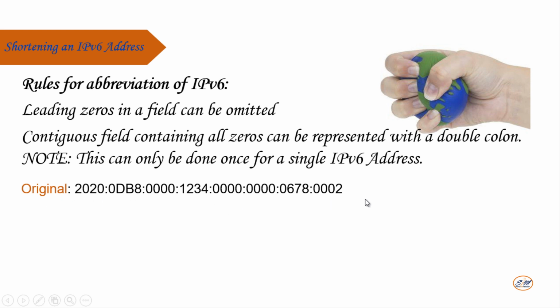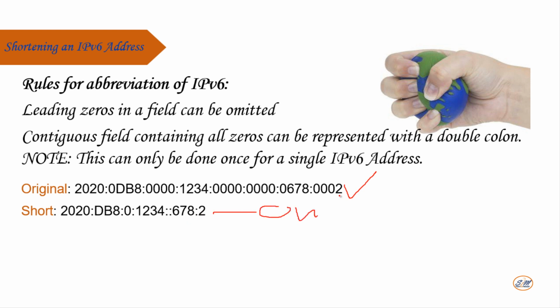Here is the original IP address, and we have to squeeze it. If we assign this IP address to any interface, we assign it in this manner, but the machine will output the IP address like this. How does the computer produce such a format? If we have zeros on the left side, the computer will omit them.